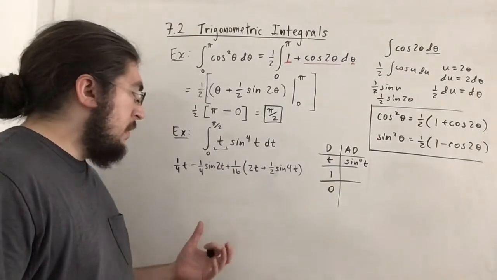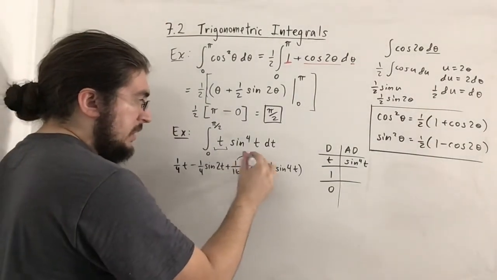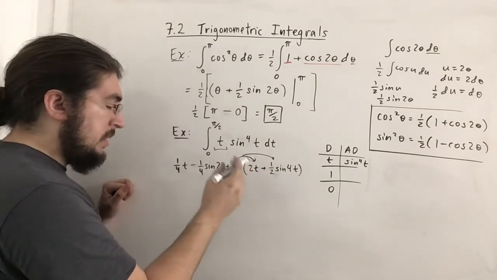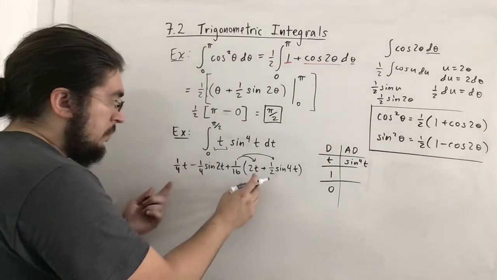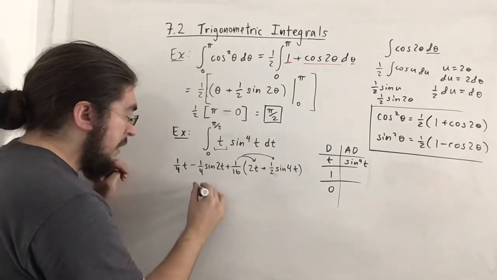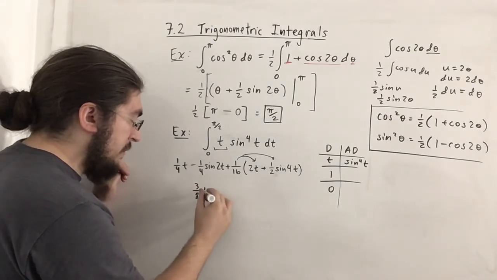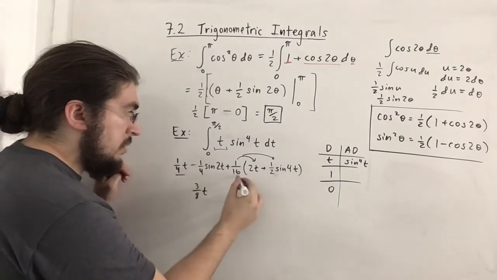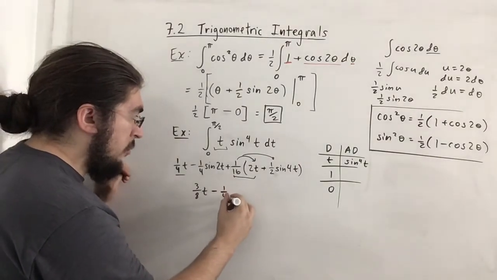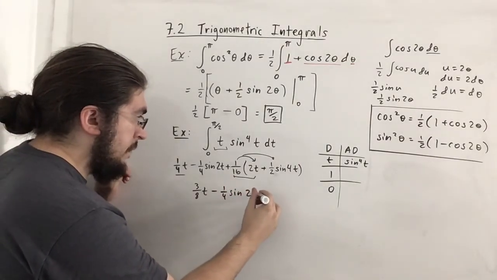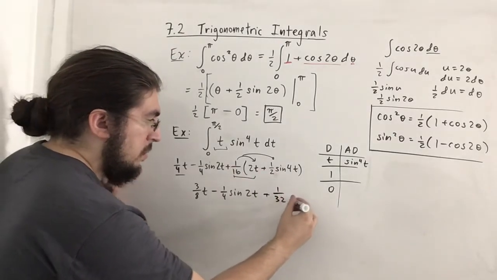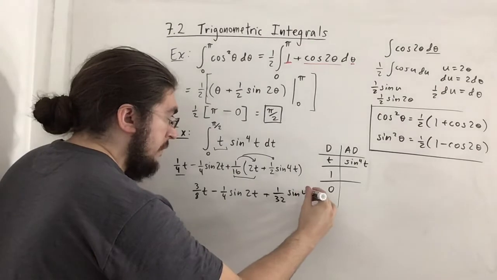Right, so I've cleaned things up here a bit, and now if you distribute this 1/16, we end up with, well, this will be 2/16, which is 1/8, and 1/8 plus 1/4, 1/4 is 2/8, so 2/8 plus 1/8 will be 3/8, so I hope you don't mind a little bit of skipping there. So this term and this term, after distributing, will combine to 3/8 t, minus 1/4 sine of 2t, plus 1/16 times 1/2 is 1/32, sine of 4t.